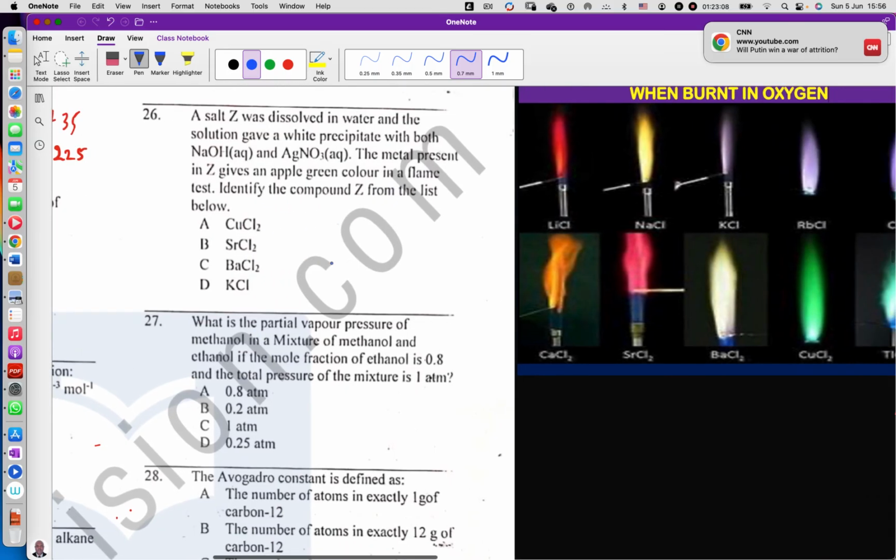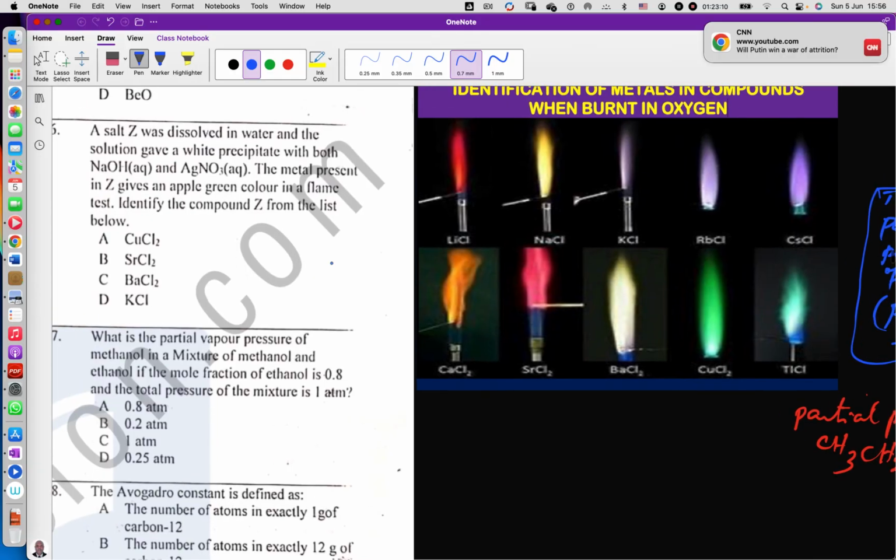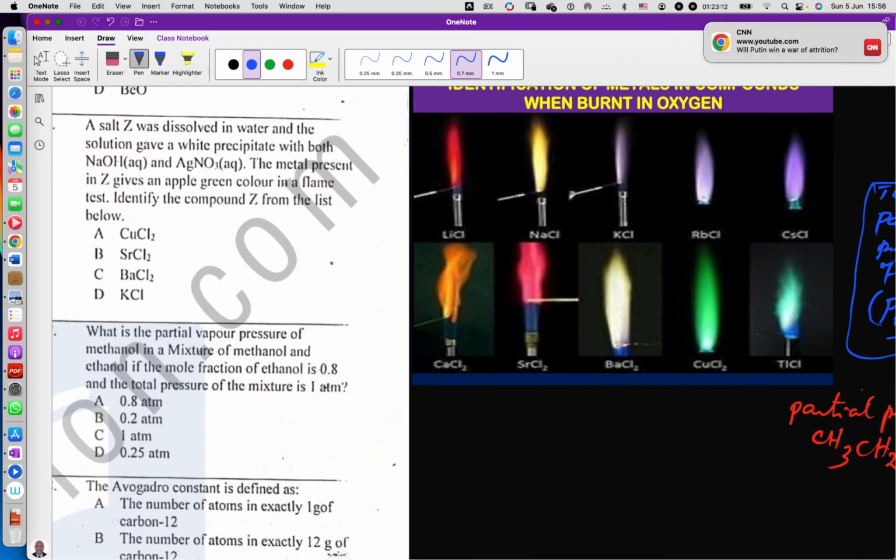Remember that this is a list, and only copper 2 chloride can give an apple green color.